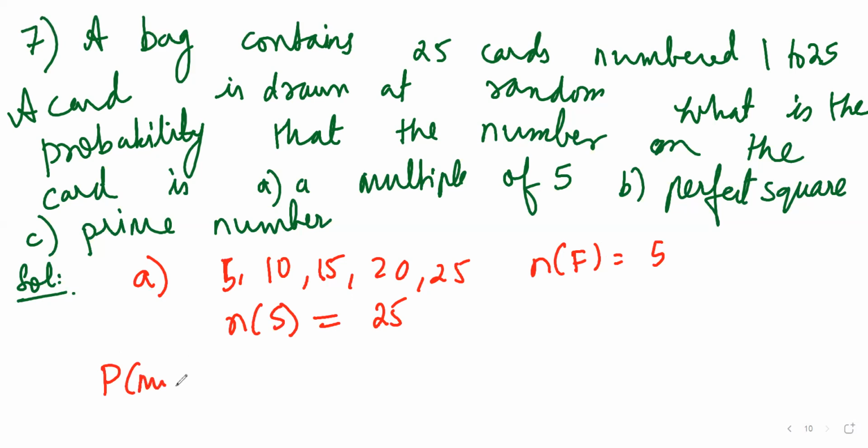So probability of multiple of 5 is count of 5. How many multiples of 5 are there? 5, isn't it? 5 upon 25, which is 1 by 5. Okay. Then we'll go to the B part because favorable upon total, that is a buzzword in probability.